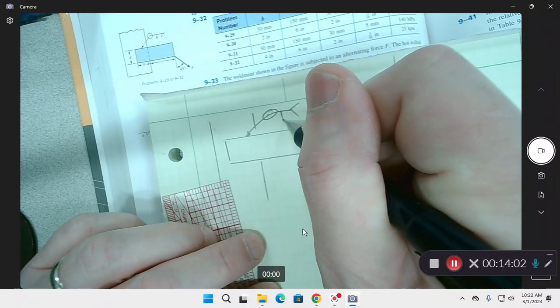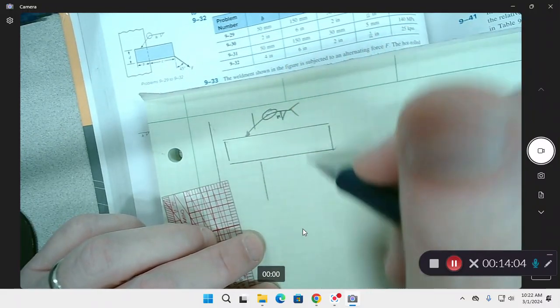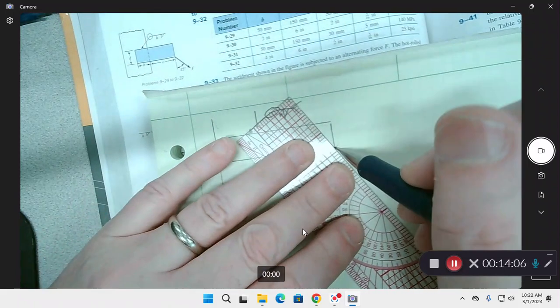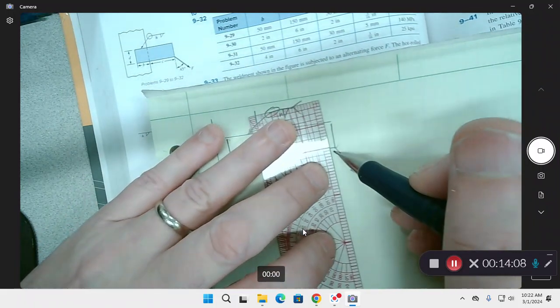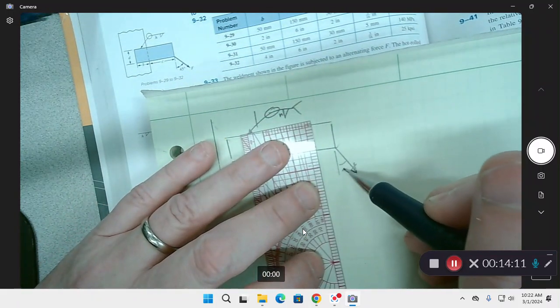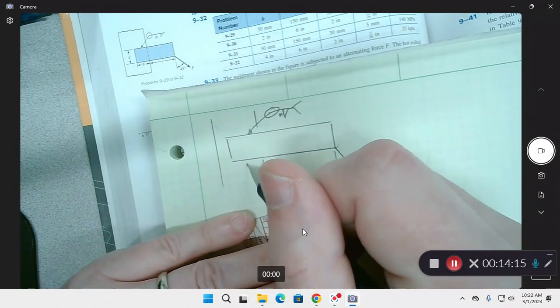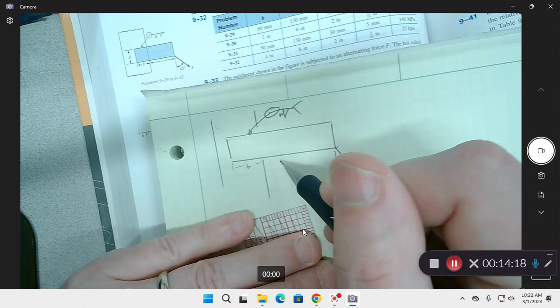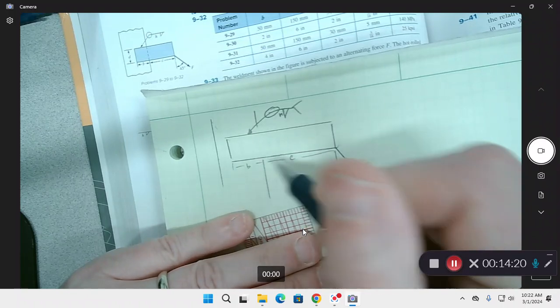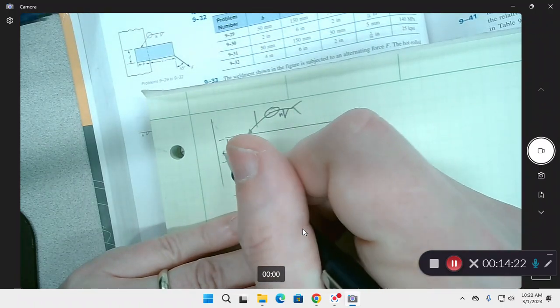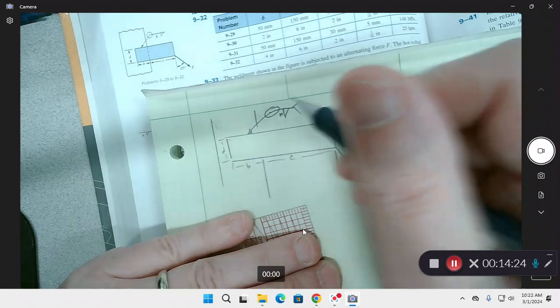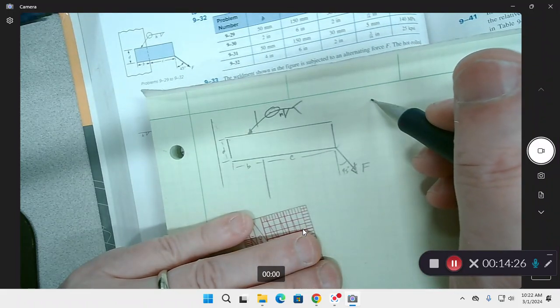And that's right here, and then we have an H. And interesting, kind of interesting, 45 degrees. I don't like 45 degrees. B, C, D. There's H. So let's see.